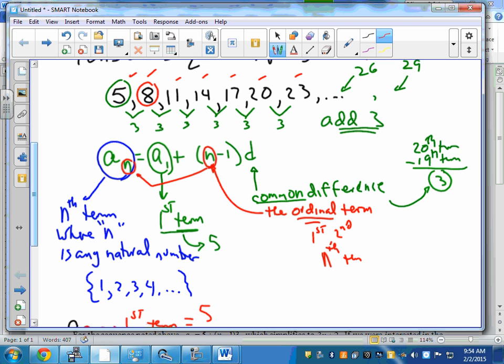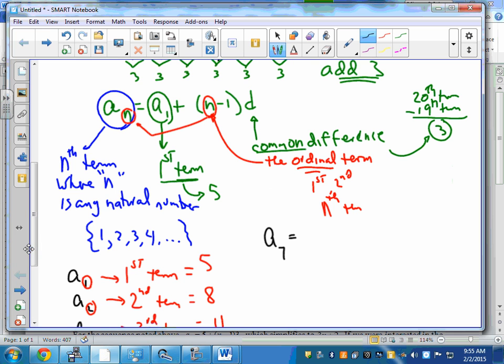And let's just go ahead and show how it works for a particular example. Let's take the number 23. Okay, so 1, 2, 3, 4, 5. 1, 2, 3, 4, 5, 6, 7. So this is the seventh term. So a sub 7, we already know this is supposed to be 23, right? It's supposed to be the first term, a sub 1, plus 7 minus 1 times the difference, which in this case is 3.